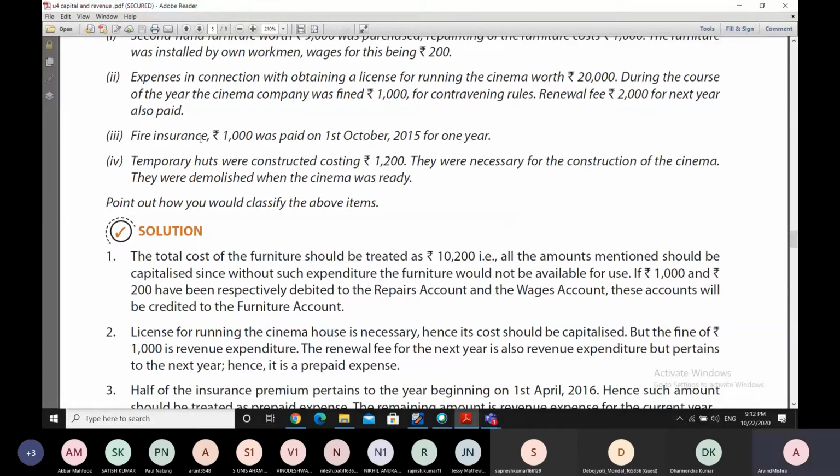The third question is fire insurance 1,000 was paid on 1st of October 2015 for 1 year.